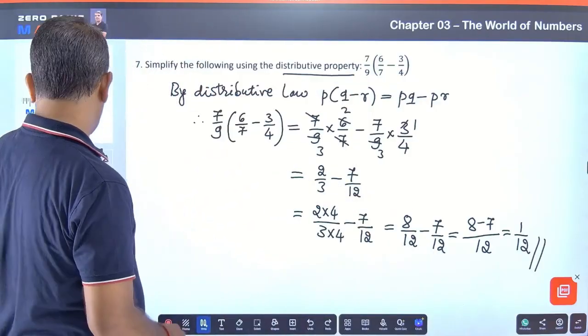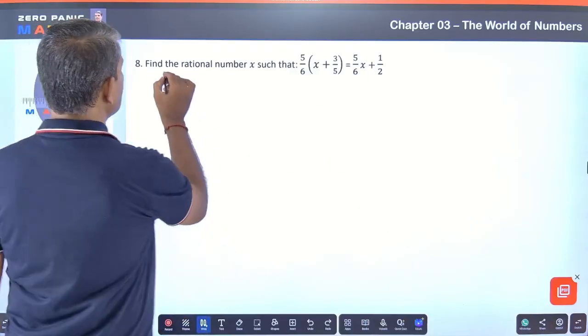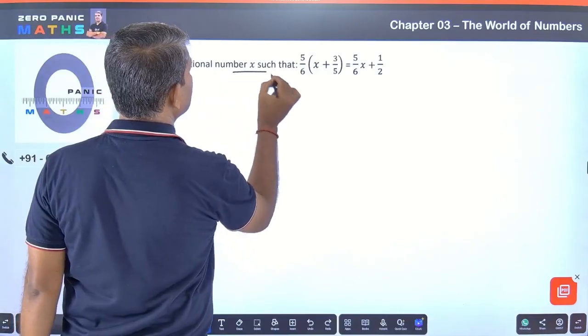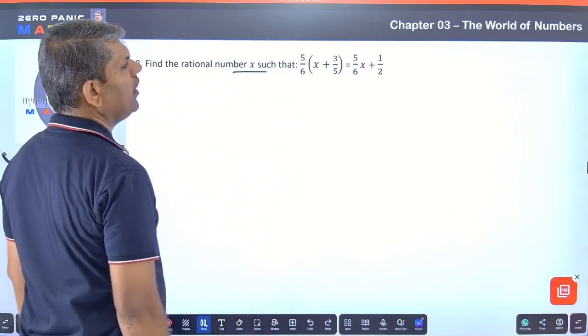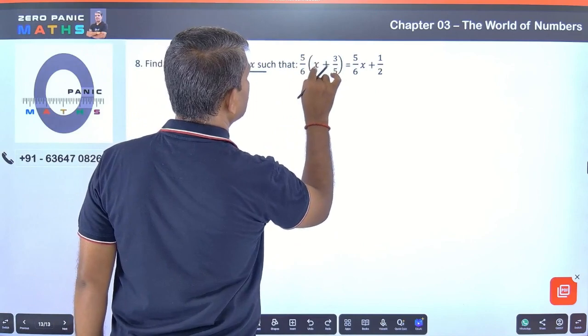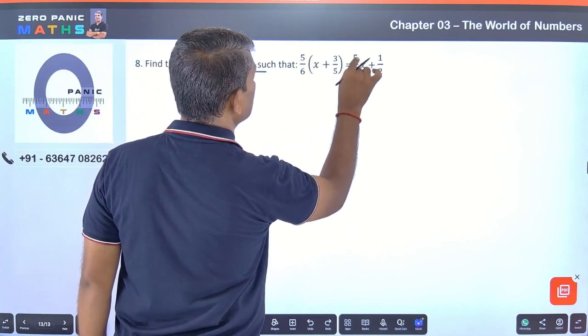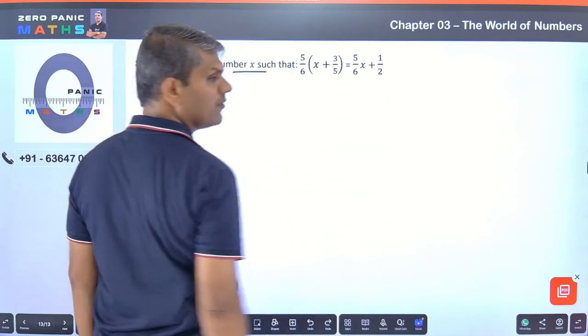Let us go to the next problem quickly. Okay. Now the next problem is to find the rational number x such that there is an equality of the sum of fractions given here. 5 by 6 into the bracket x plus 3 by 5 is equal to 5 by 6 into x plus half, 1 by 2.